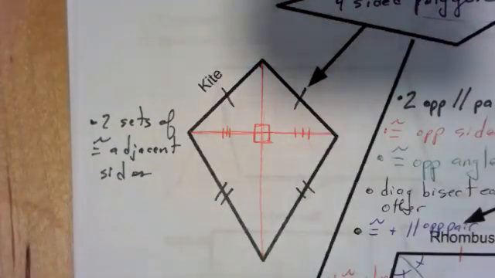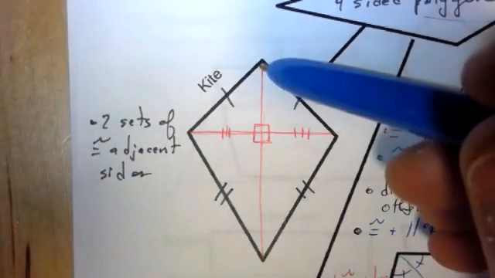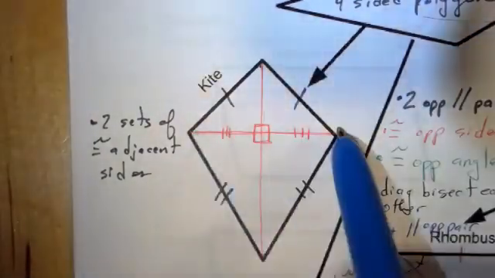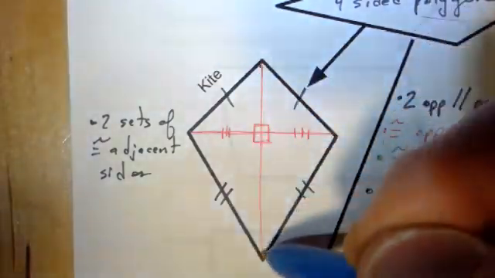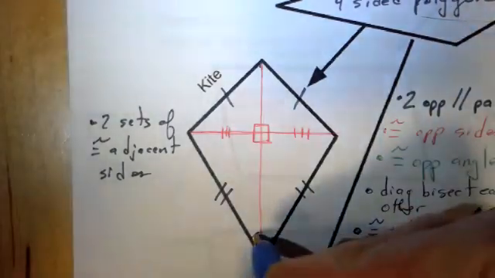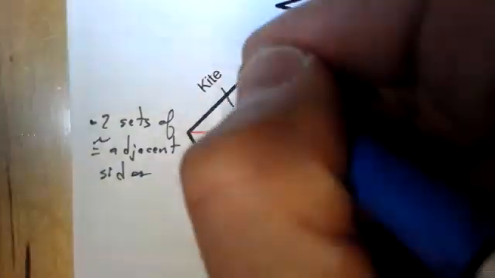The last thing that happens in a kite is that this diagonal that also splits in half this diagonal here, what this diagonal does, the vertical one in this situation, is it splits the angles in half. It bisects the angles as well.